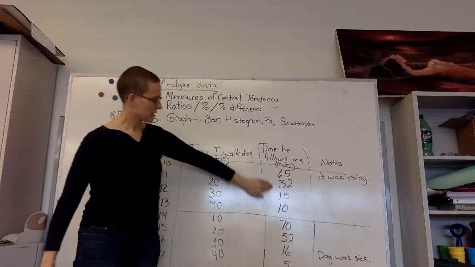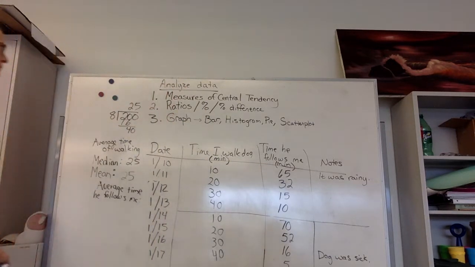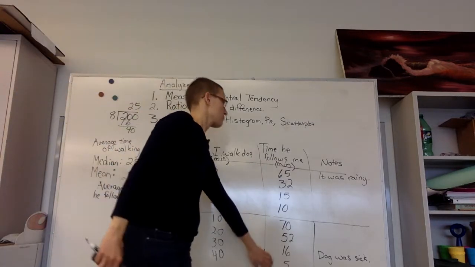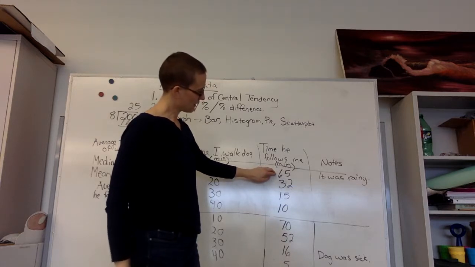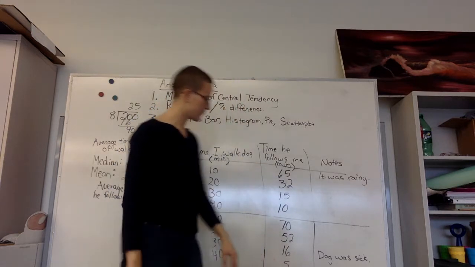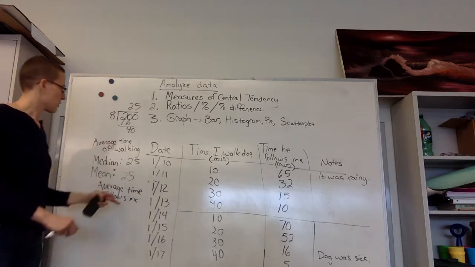I don't have a mode here because none of my numbers are repeated. I could calculate the median by lining up all my numbers from least to greatest and finding the middle number. And I could find my mean by adding them all up and dividing by 8, since that's the number of data points I have. So to save time, I'm not going to go through that whole process.